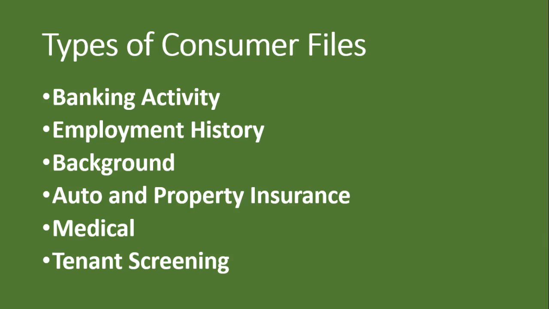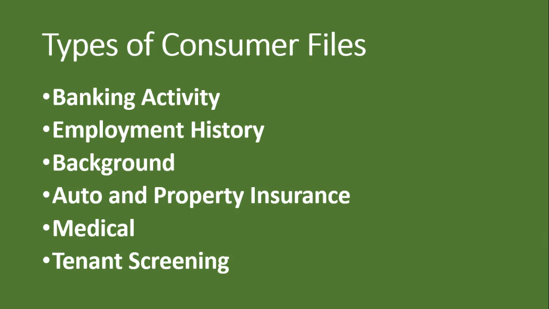And then we have the auto and property insurance consumer files. These are really big with insurance companies. They like to review these files to determine the risk or the exposure they may have when bringing on a new insured or insuring a new individual for property or auto.